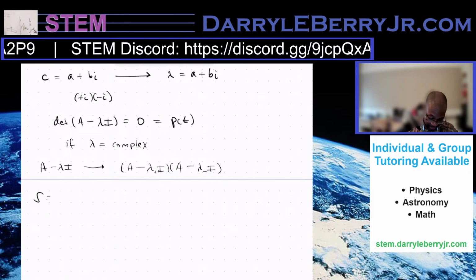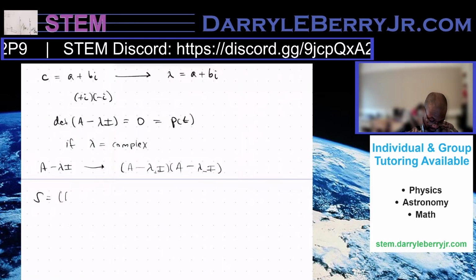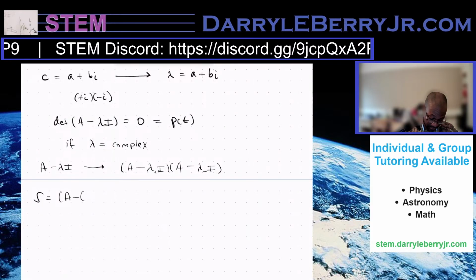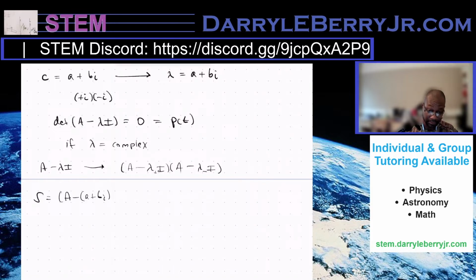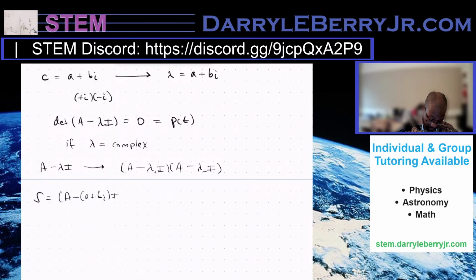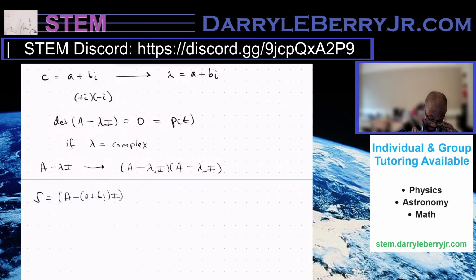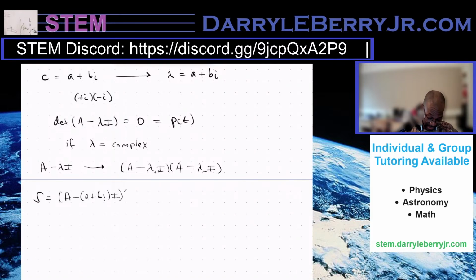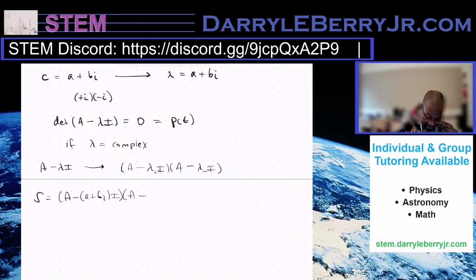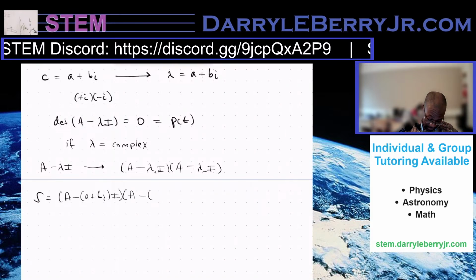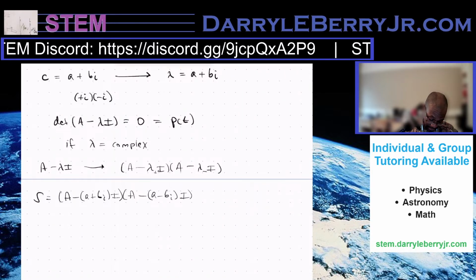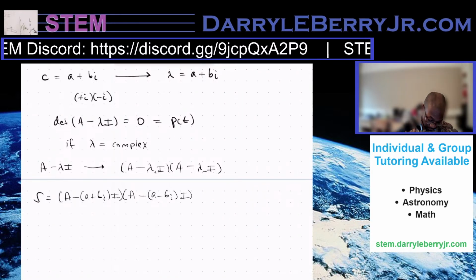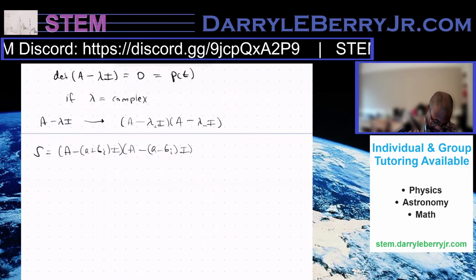So the matrix they're saying is A minus (a plus bi) I times A minus (a minus bi) I. So we're going to multiply this out.